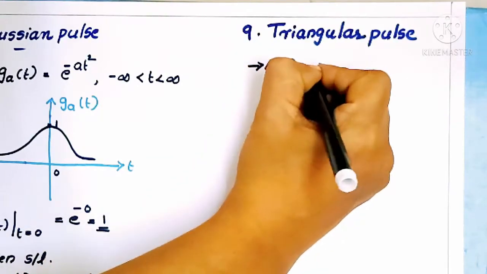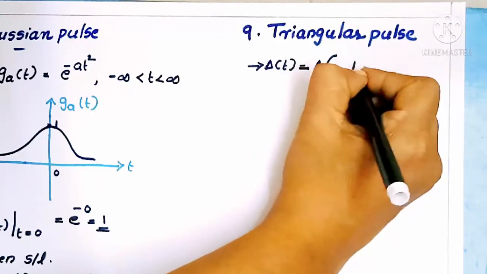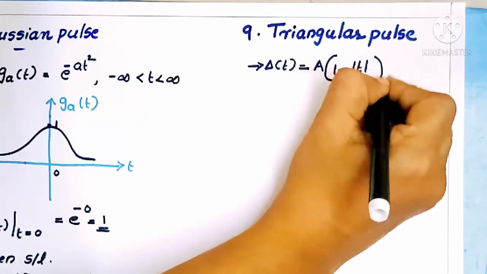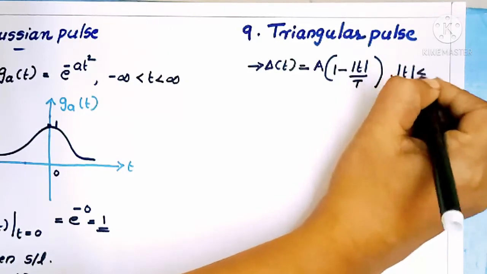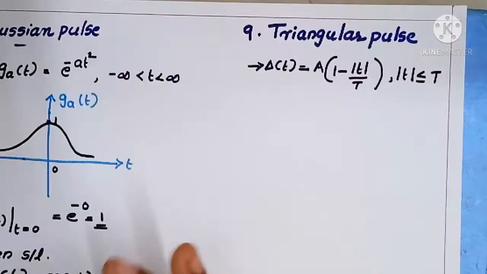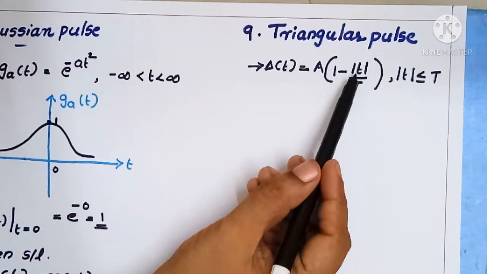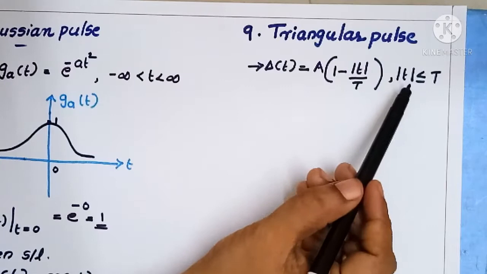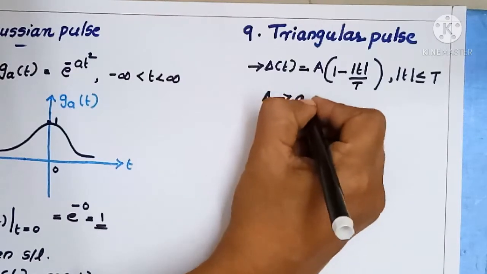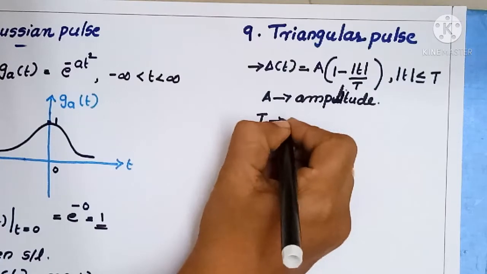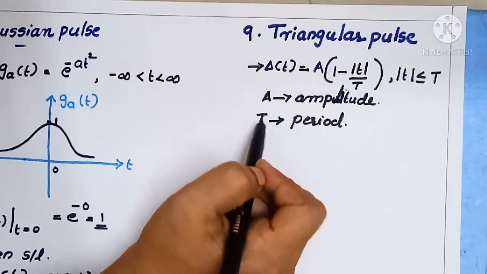It is defined as a into 1 minus modulus of t by T, when modulus t is less than or equal to T, where A is the amplitude of the pulse and T is the period of the pulse.